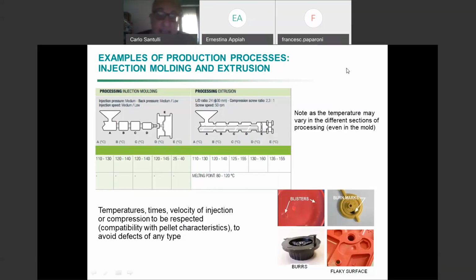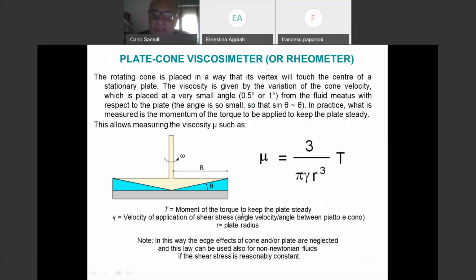I need to take, of course, some measurements about that. In some cases, I measure, for example, with the viscosimeter or rheometer.